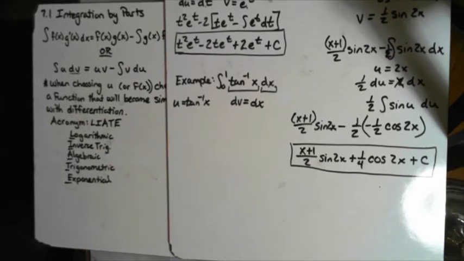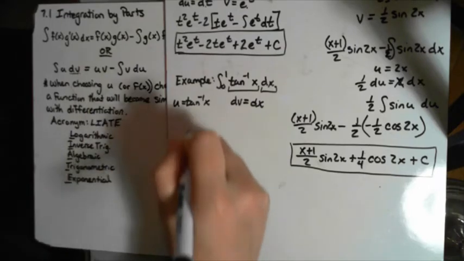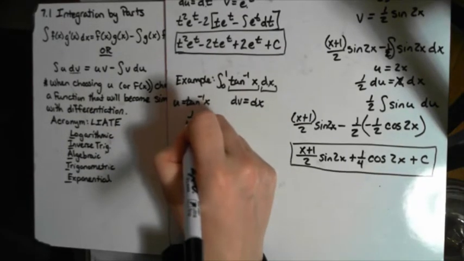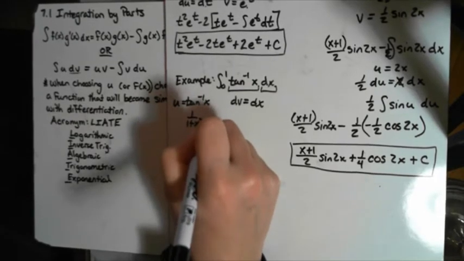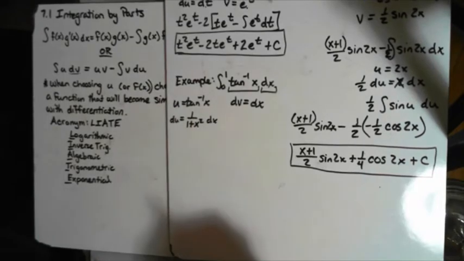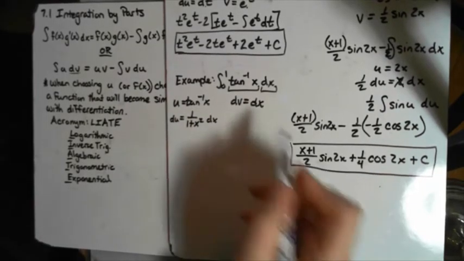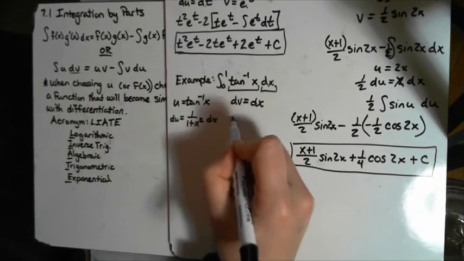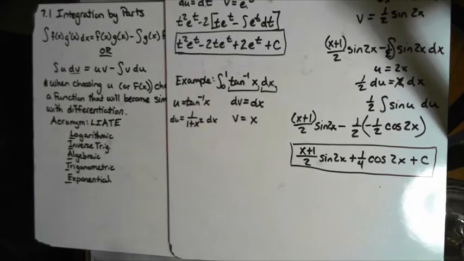So using the table, you find that the derivative of inverse tangent is 1 over 1 plus x squared dx. And I just got that from the table in the back of your book. Over here, when I do the integral, I find out that v equals x.